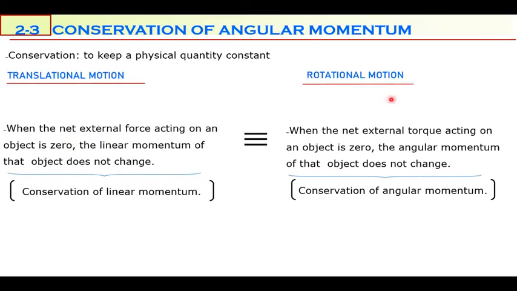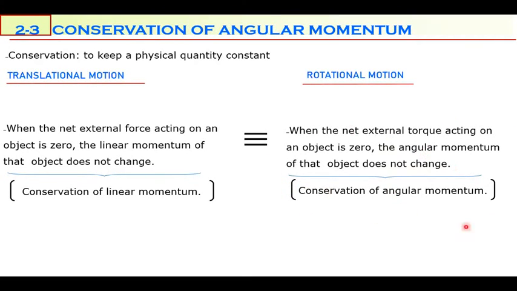But in rotational motion, instead of net force, we have net torque. If the net torque acting on an object is zero, meaning no force produces a torque on the object, the angular momentum of that object does not change. This is known as conservation of angular momentum.